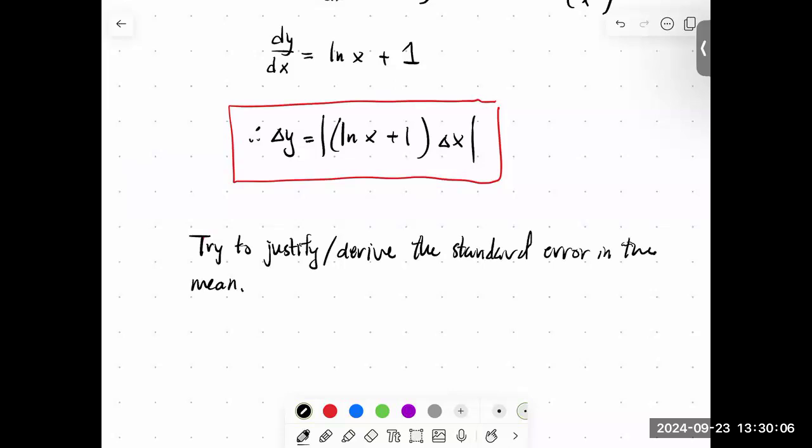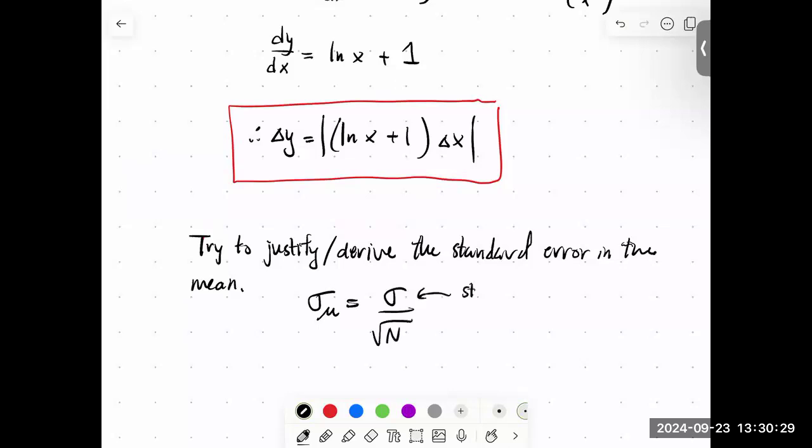Well, one obvious thing to do would be to report the average as our best estimate of the value. But for the uncertainty in that average, what we said we should use is the so-called standard error, sigma mu. That was equal to the standard deviation divided by the square root of the number of trials.